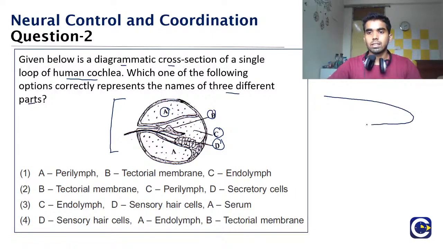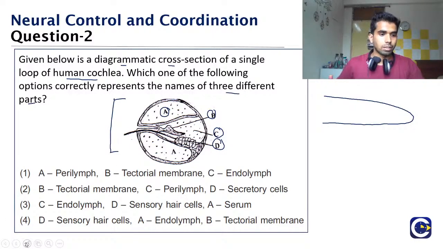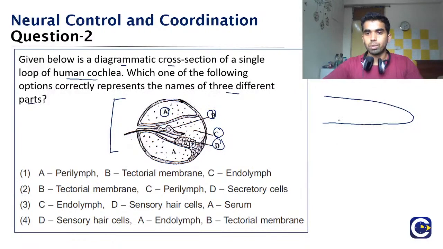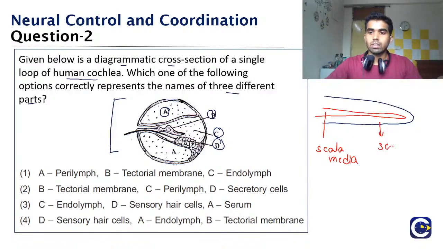In this skull a cavity is present, and in that cavity a membrane is present, and that membrane is like a tube. This tube is known as scala media, the lower part is known as the scala tympani, and the uppermost part is known as the scala vestibuli.